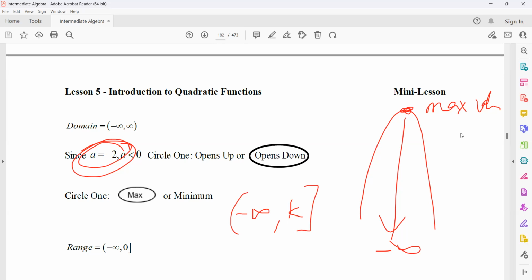And what is k from the vertex? It is 0. So we're going to have 0 here. So it goes from -infinity to 0. And from the graph, from 0 it's going down, right? And that's it.